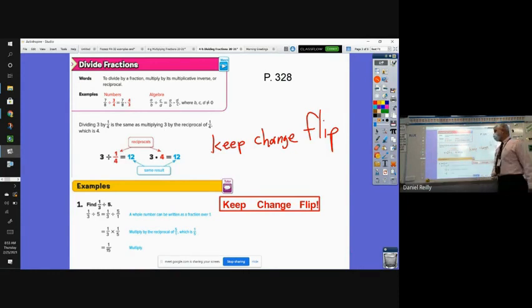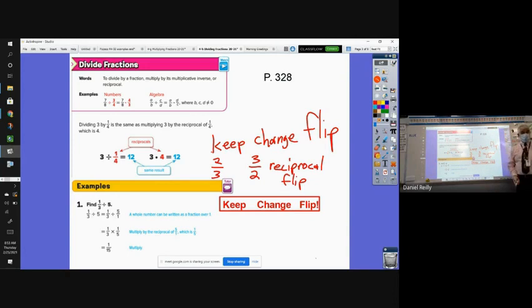Okay? That is called the reciprocal. When you flip a fraction, 2/3, the reciprocal of 2/3 is 3/2. Okay? A reciprocal is what it's called, or the flip of the fraction. So you keep the first fraction, you change the division to multiplication sign, and you flip the second fraction.